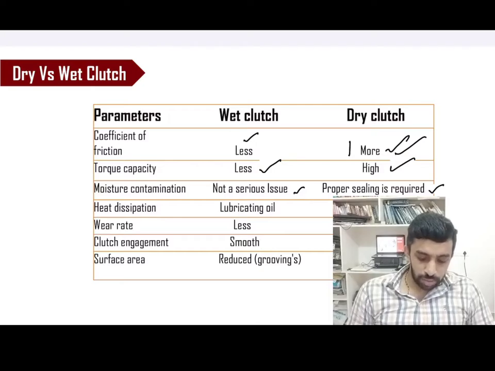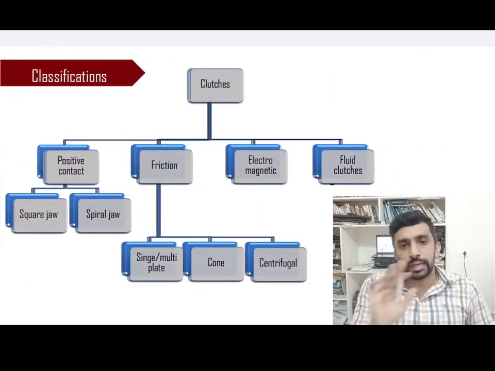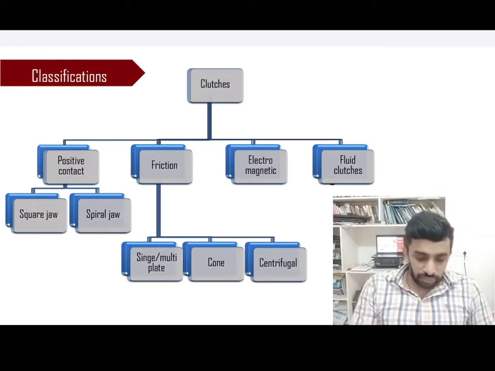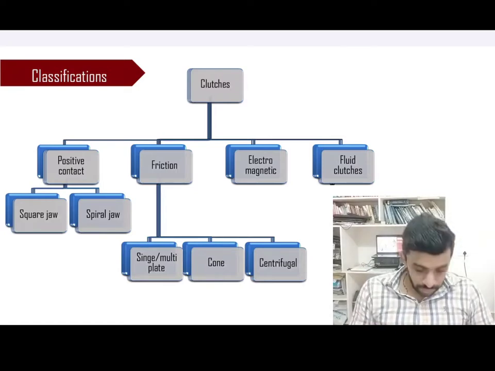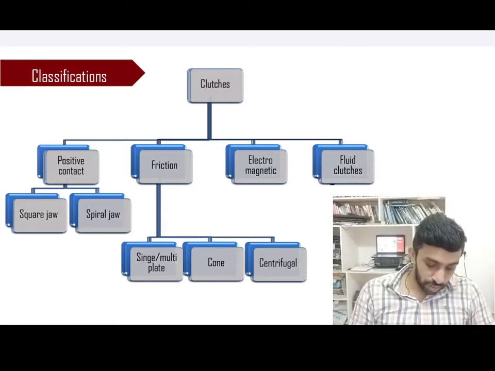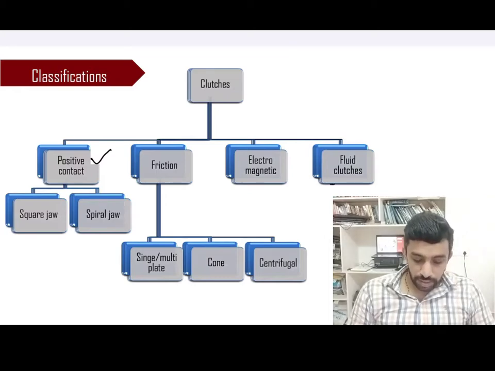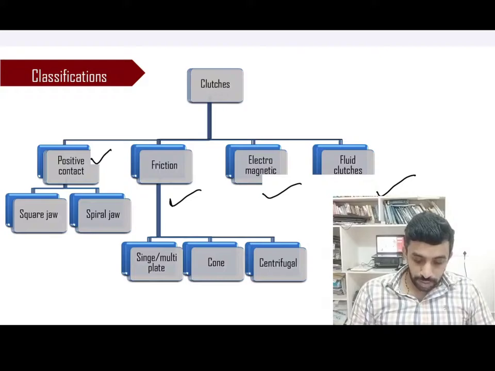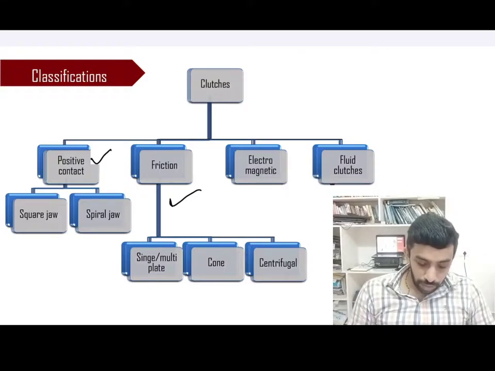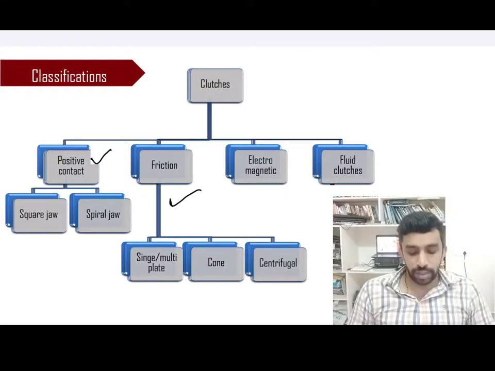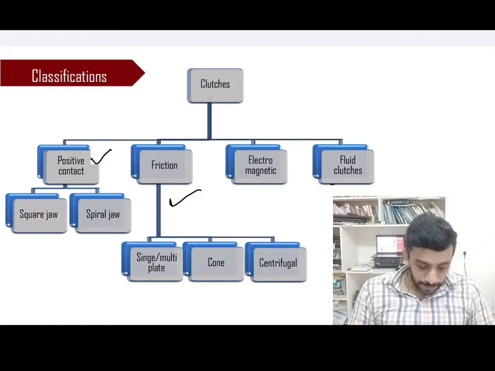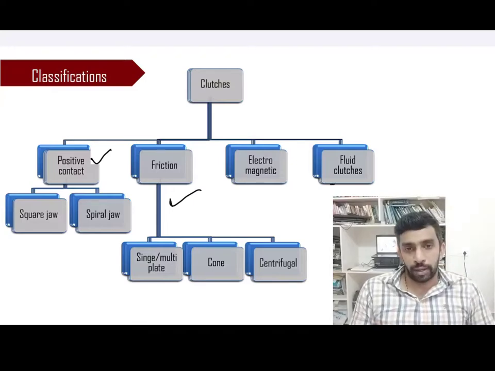So now let's discuss the details. What are the general classifications we have for the clutches? Even though there is a vast variety of classification, in general we can say there are positive contact clutches, friction clutches, electromagnetic clutches, and fluid clutches. The positive contact clutch usually has square jaw type and spiral jaw type.